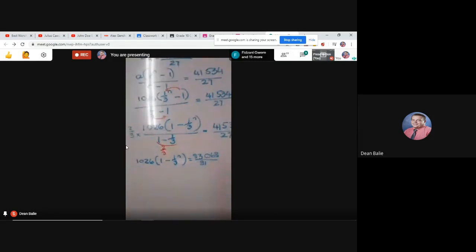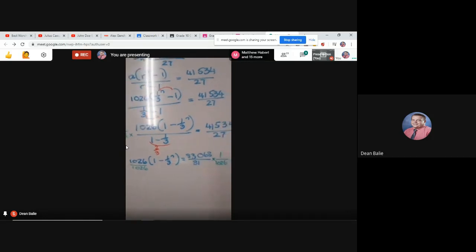Now what I'm going to do is leave this bracket here until just now. I'm going to divide by the 1026. And when I'm dividing, hopefully we can still remember that that's the same as multiplying by 1 over 1026.